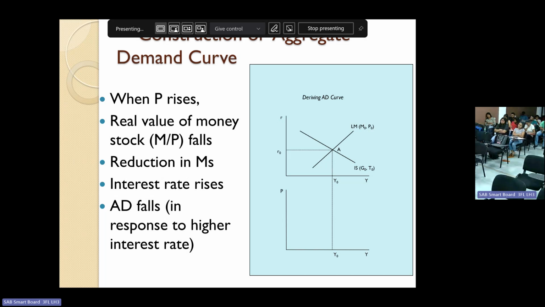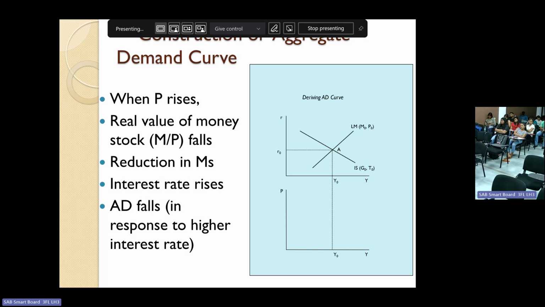A change in the price will change the real money balance, the value and purchasing power of money. M means the nominal money stock, and if we divide by the price level, we can assess the real money stock in real terms.